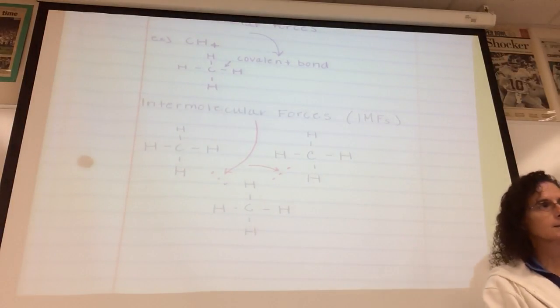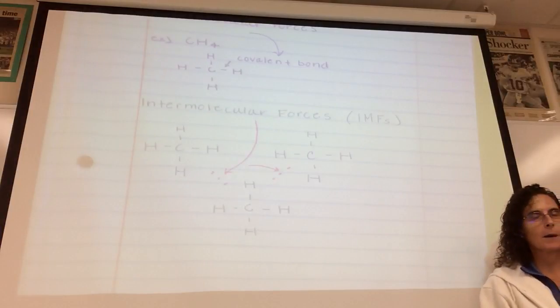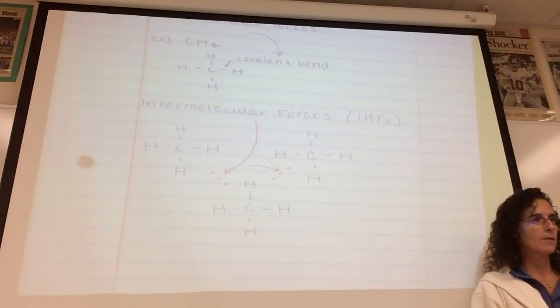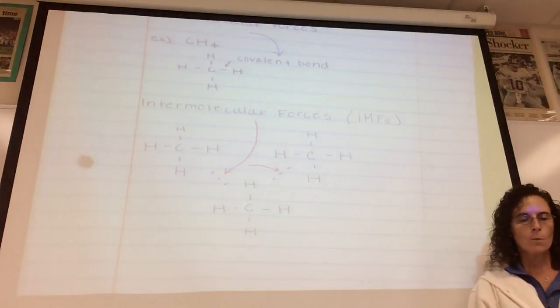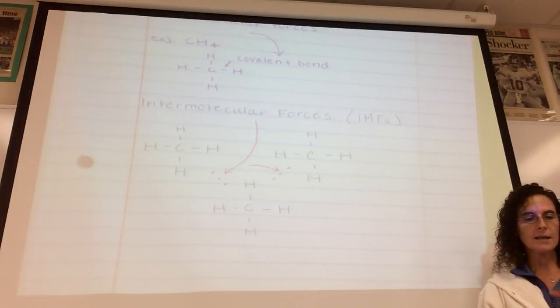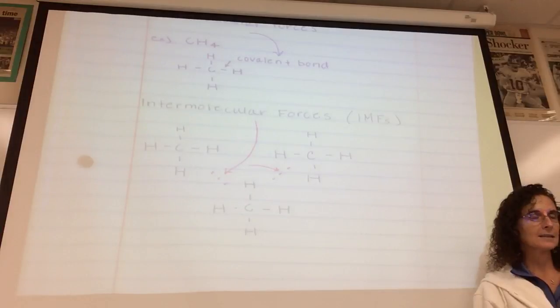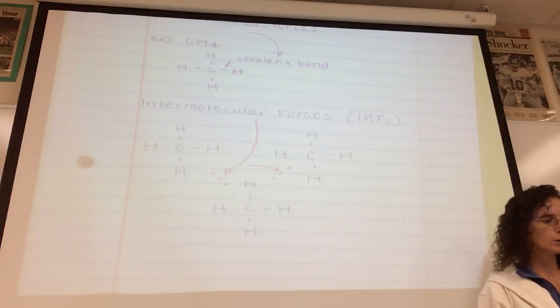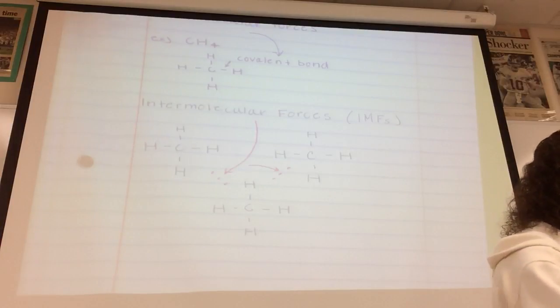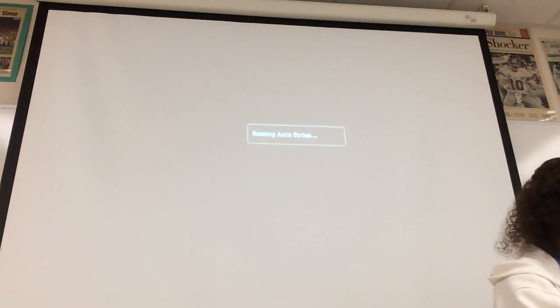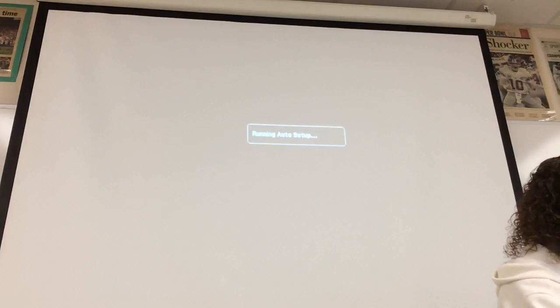And this all links to everything we've been talking about this unit, where we're trying to have a better understanding of covalent compounds. Before I get into the intermolecular forces that exist between covalent molecules, I just want to mention a couple of key points. The intra versus inter is in your notes already.